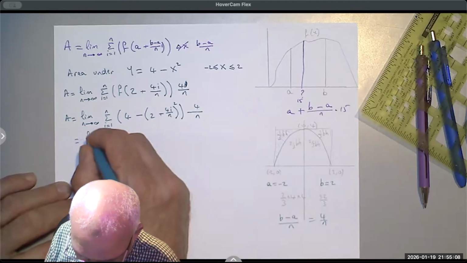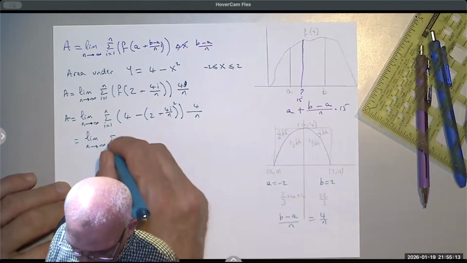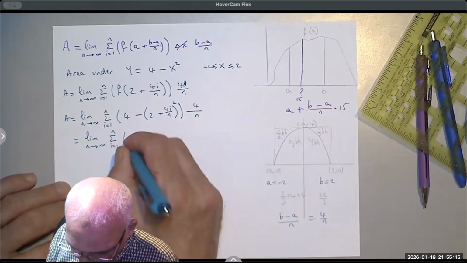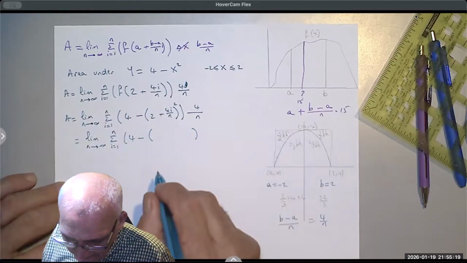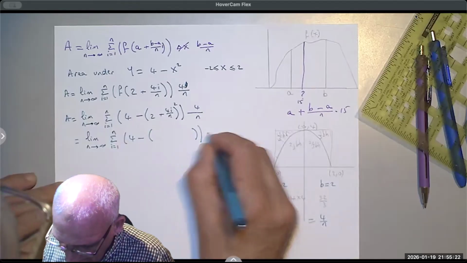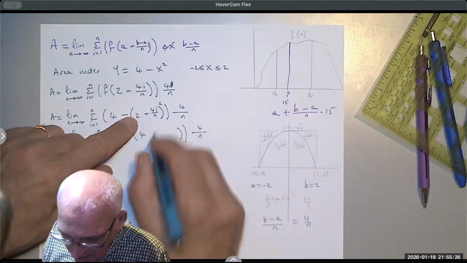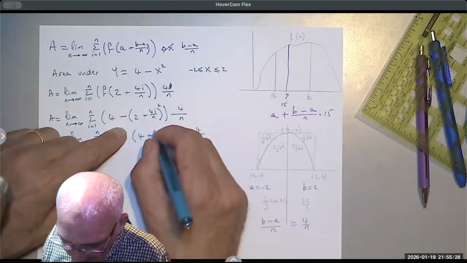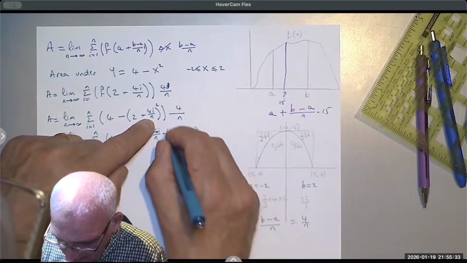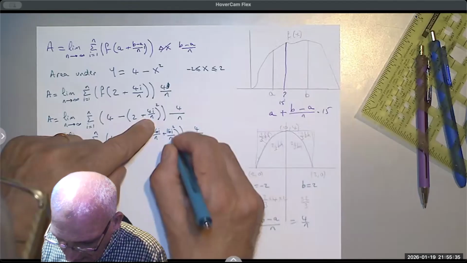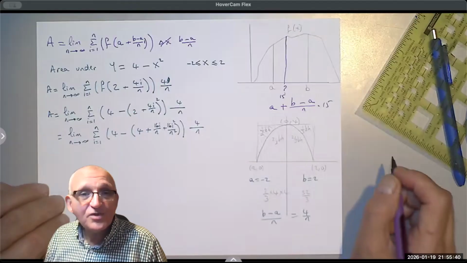Equals the limit as n approaches infinity, summation I going from 1 to n of 4 minus, and then between parentheses, I'm going to square that. Square of the first, twice the first times the second, square of the second, and then I simplify between the parentheses.